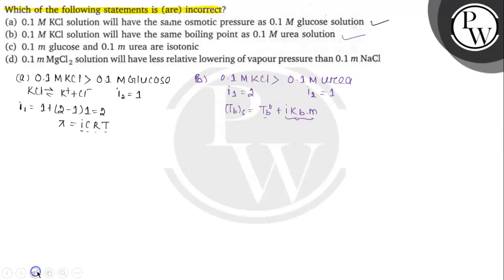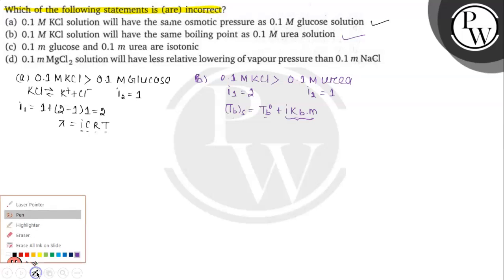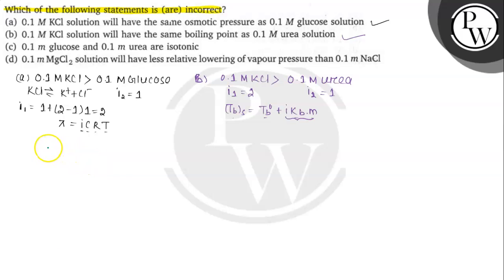Now option C. Option C is 0.1 molality glucose and 0.1 molality urea. So both are non-electrolytes. So for both the i value is 1. For urea also the i value is 1. That means here i1 is equal to i2.